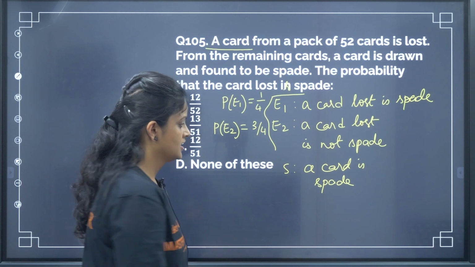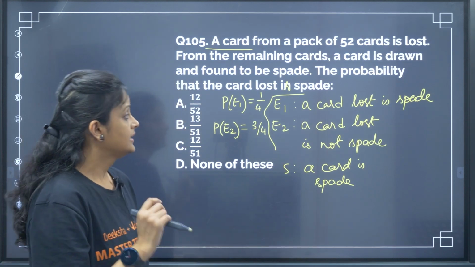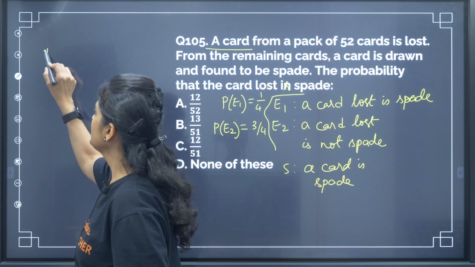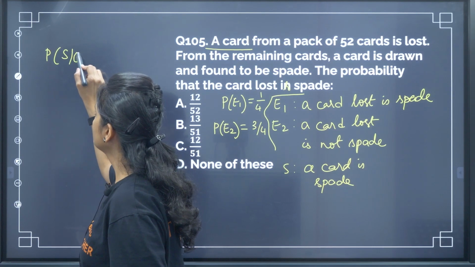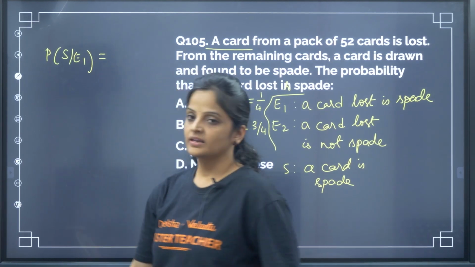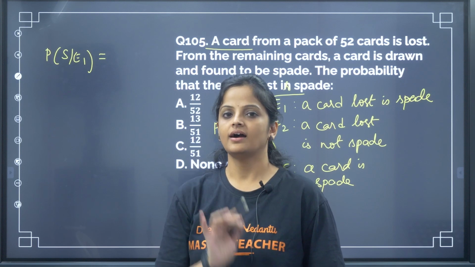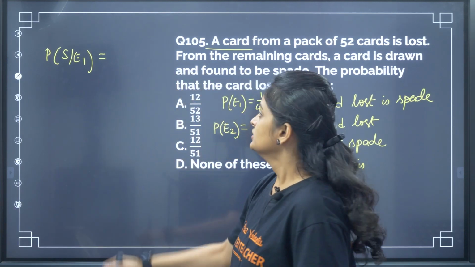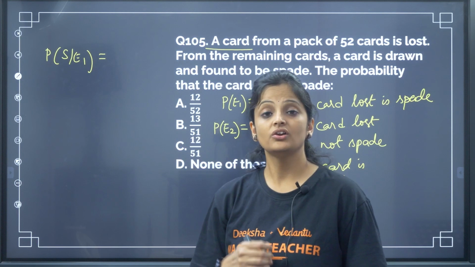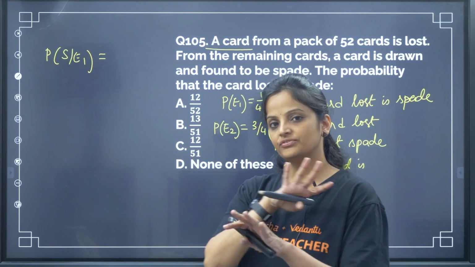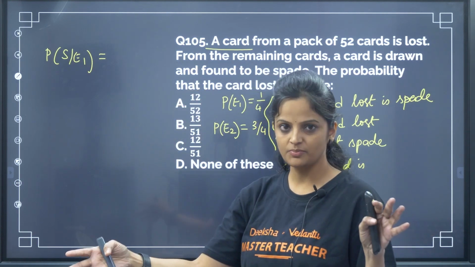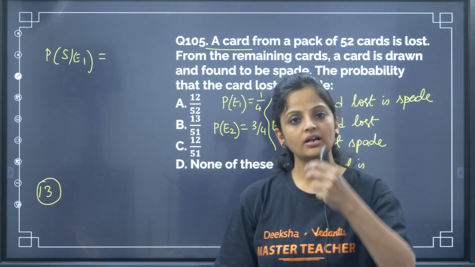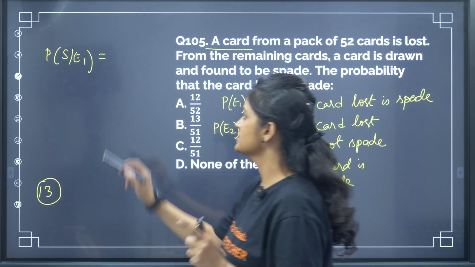Now come to this. A card is a spade, given that the lost card is a spade, so that is P of S when E1 is given. Given the condition that the card lost is a spade, what will be the probability here? So how many cards left? If the lost card is a spade, out of 13 spade cards, 1 is lost. So remaining is 12.